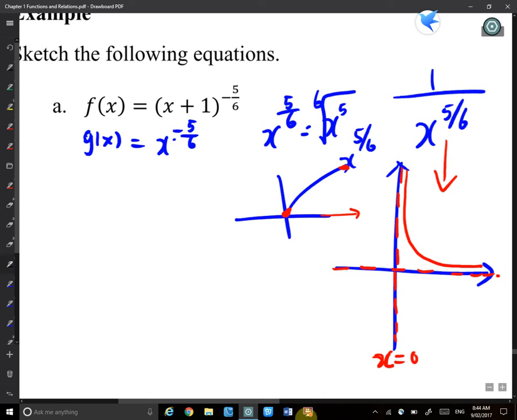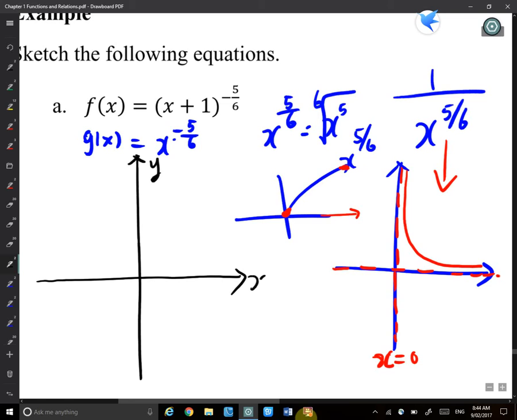So now combine all this information. We will have -1. And again, if y equals 0, that's on the x-axis, you still need to sketch it.